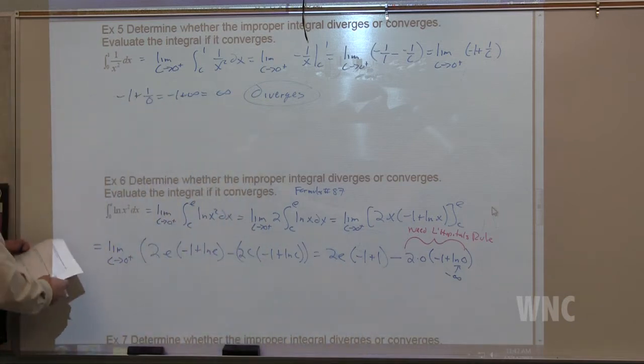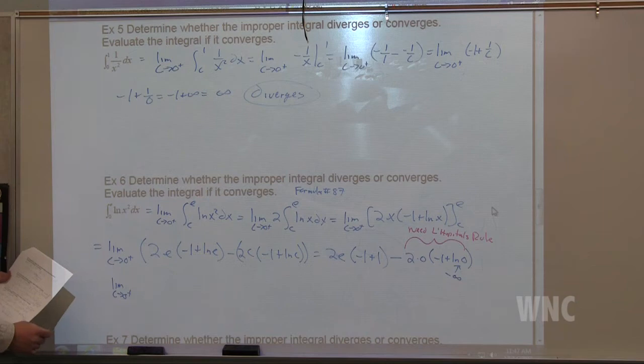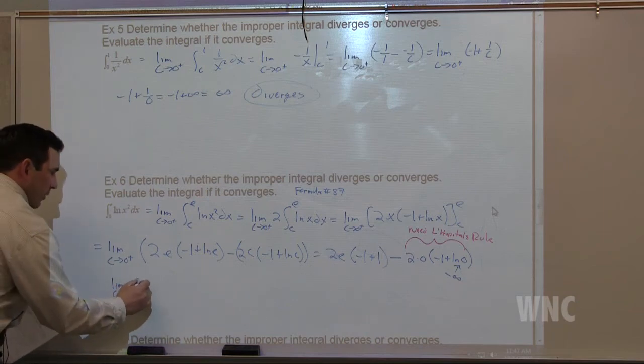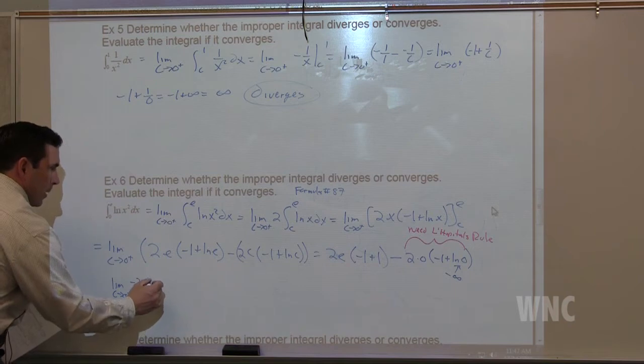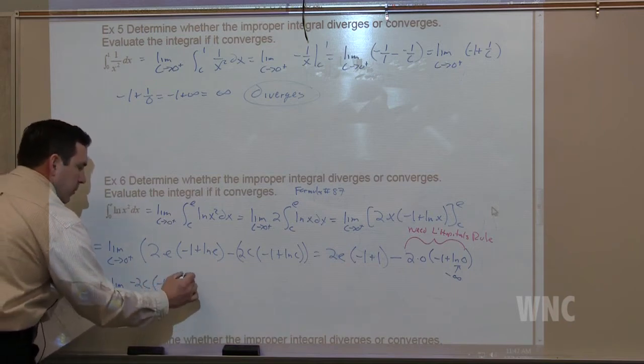So we'll do our limit as c approaches 0 from the positive side of negative 2 times c times negative 1 plus natural log of c.